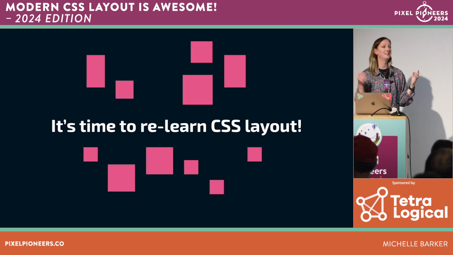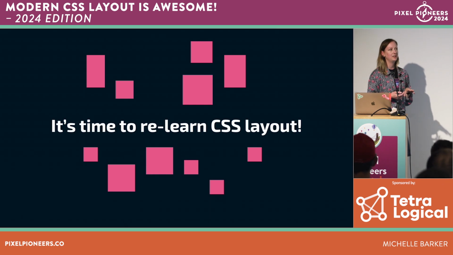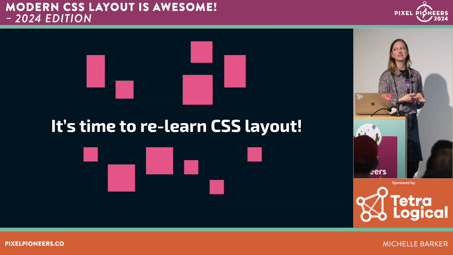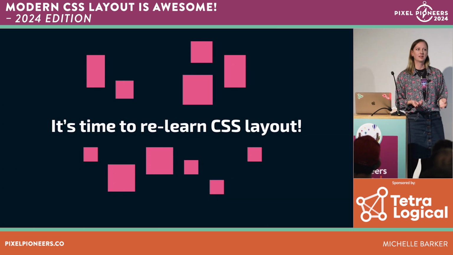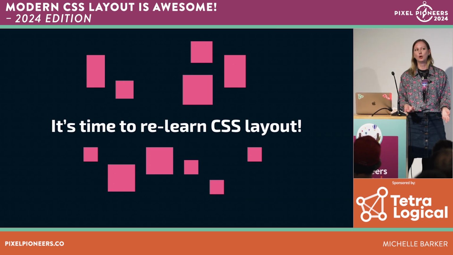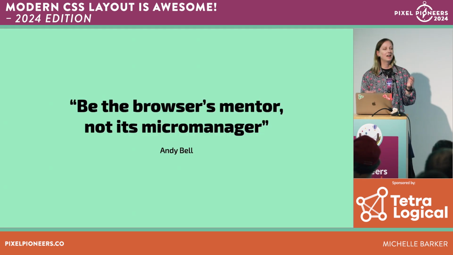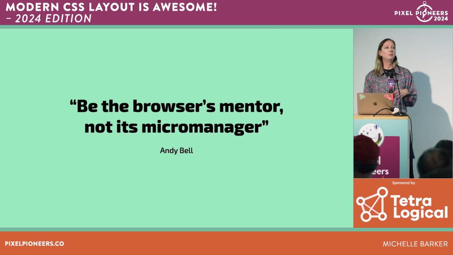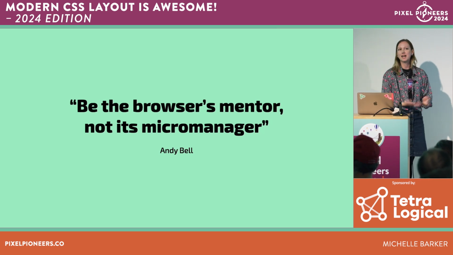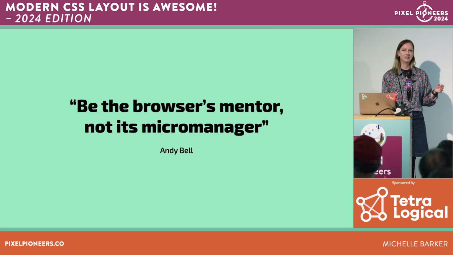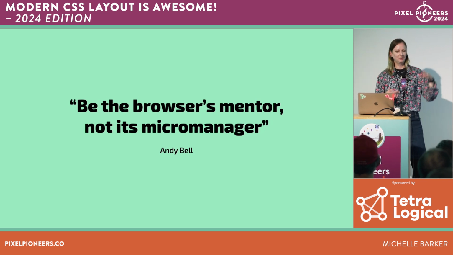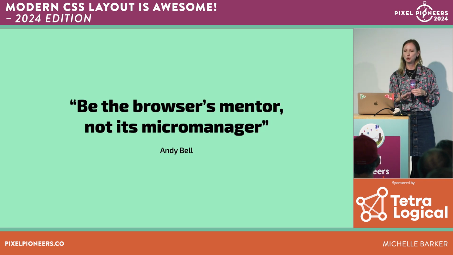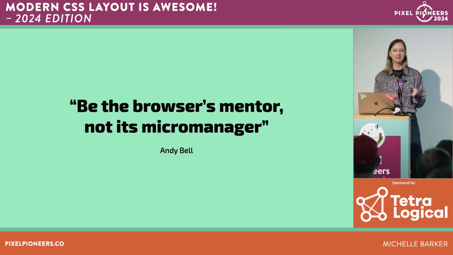So the goal of this talk is to highlight some of these new features and demonstrate some ways that we can use them. Because many of these features are things that developers have been asking for a long time. And they work best when we embrace the web's inherent flexibility, when we stop chasing pixel perfection and, instead of trying to describe exactly how a layout should render at all times, give the browser hints.